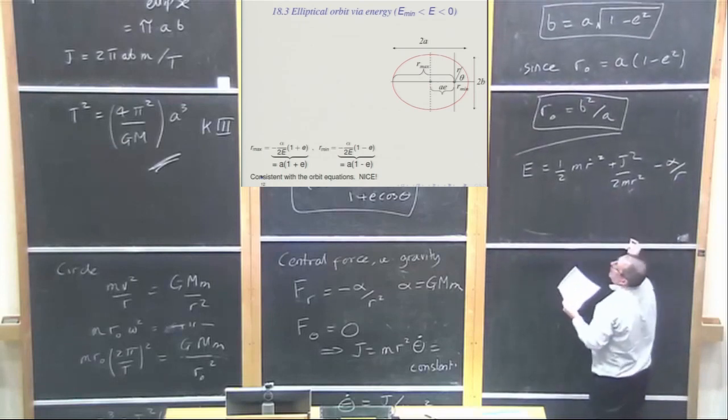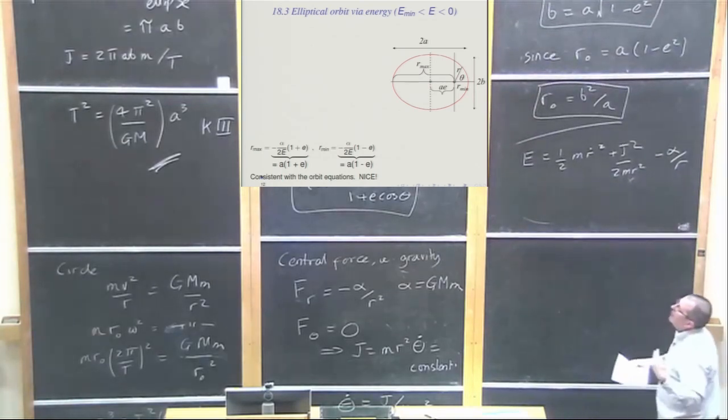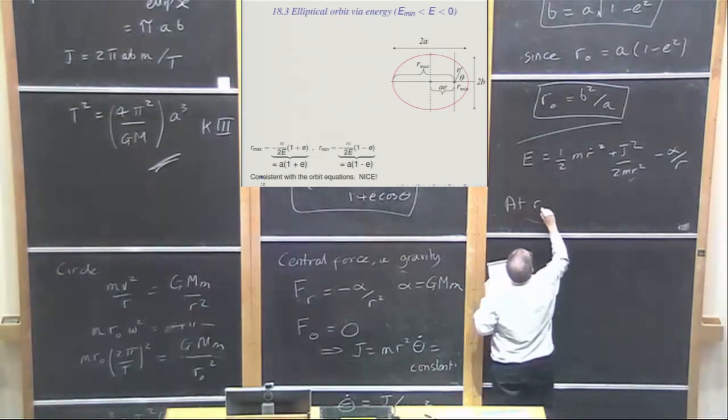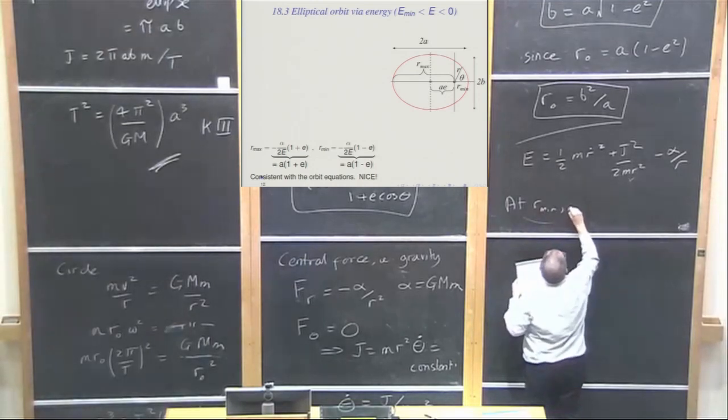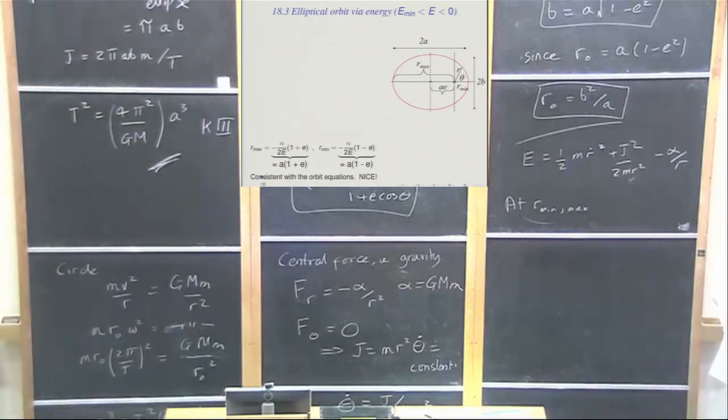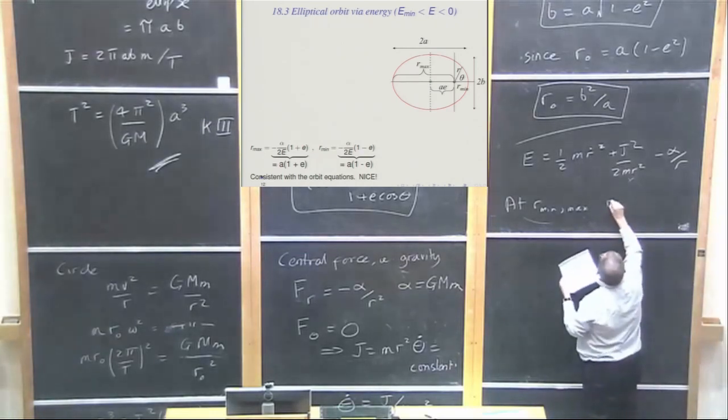Now we're interested in the minimum radius and the maximum radius. So at r min and r max, how are they characterized? Well, one thing which defines them is that r dot equals 0.